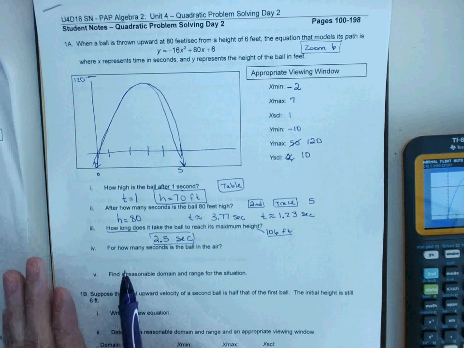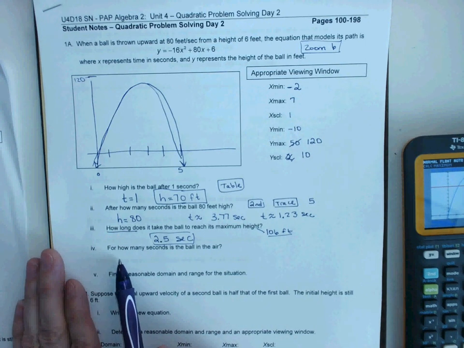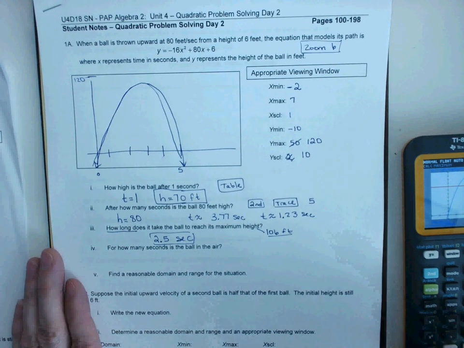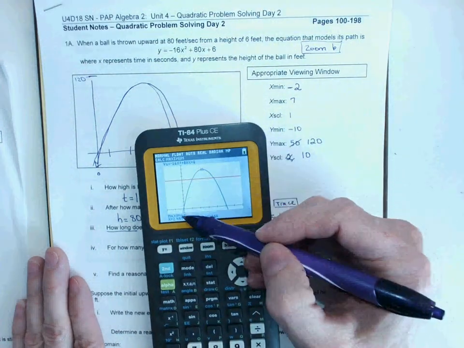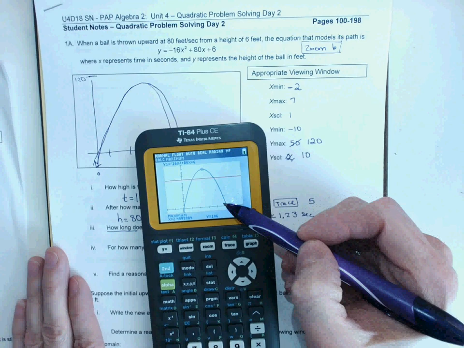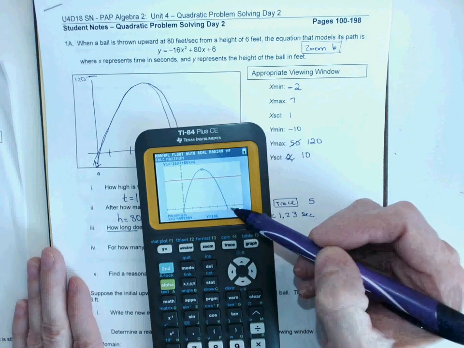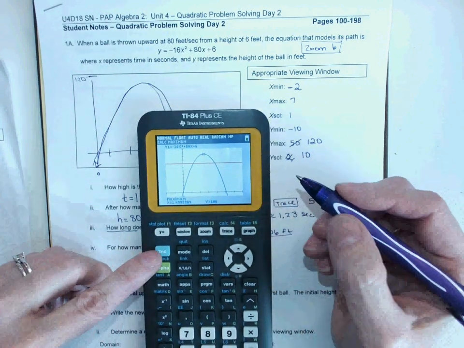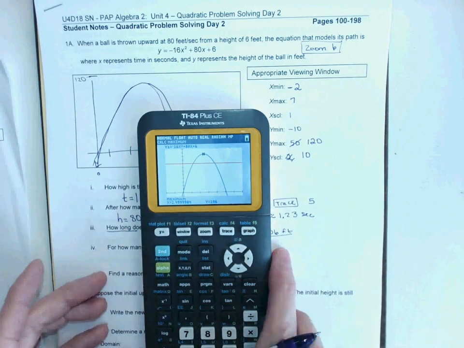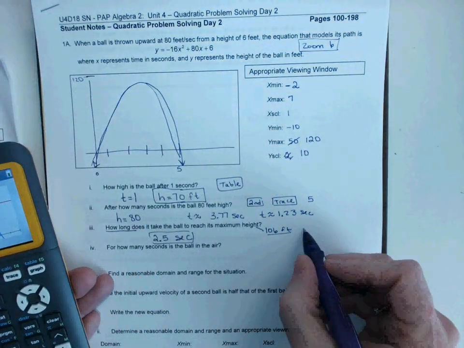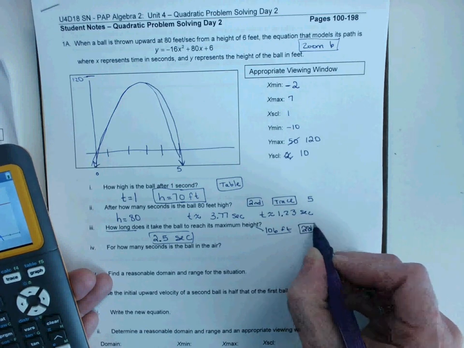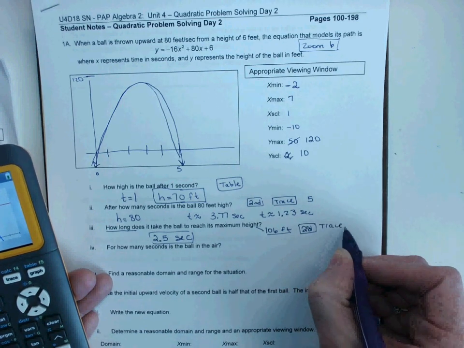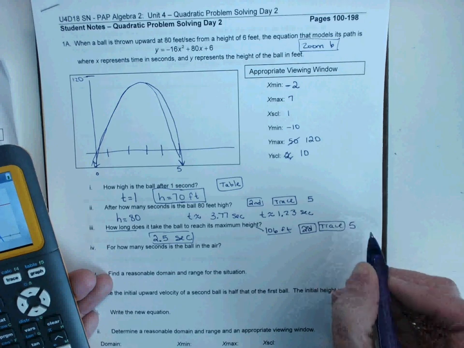Okay, now the next question, it says for how many seconds is the ball in the air? That question is asking for how long does it take to get from here all the way back down to here. So for that, I think I would like to show you how to do a 0. Oh, let me write that down here too. For this one, you're going to do second trace 5 intersect.